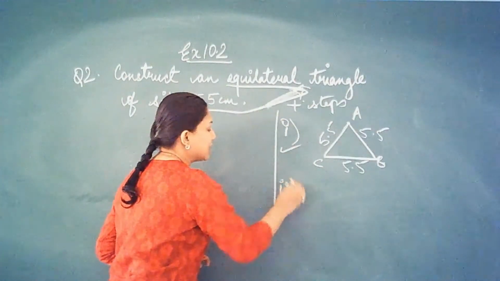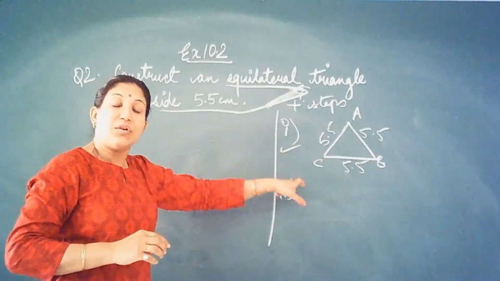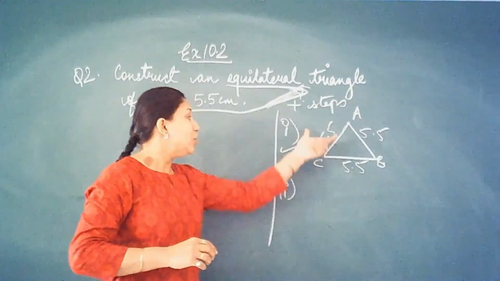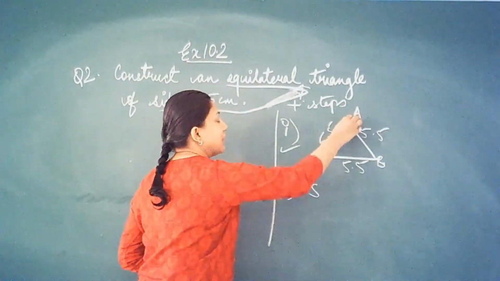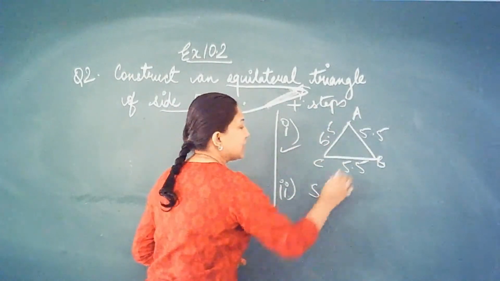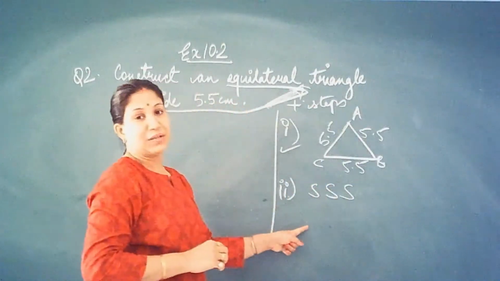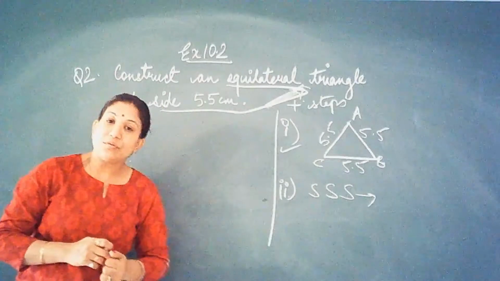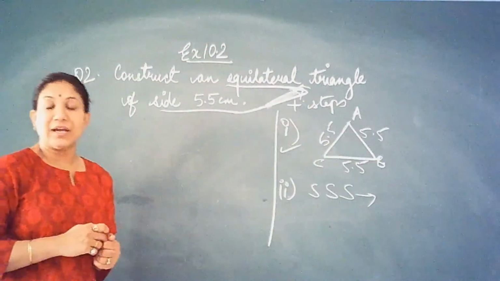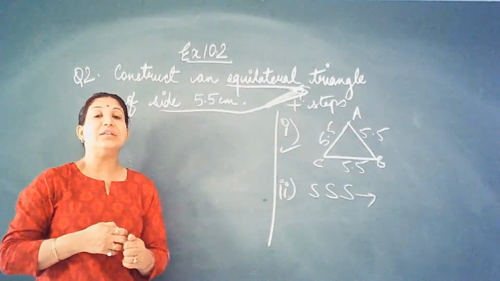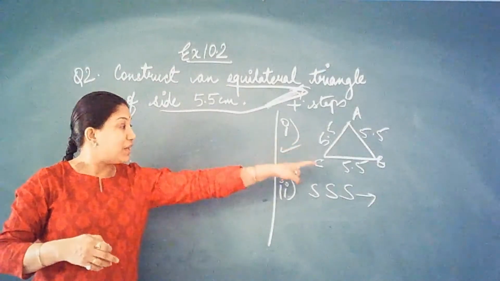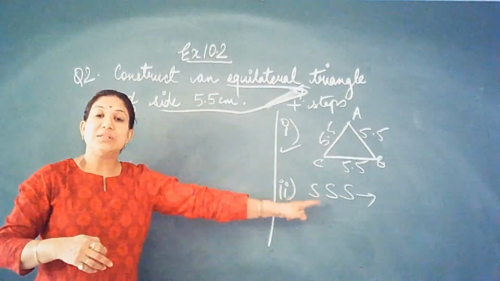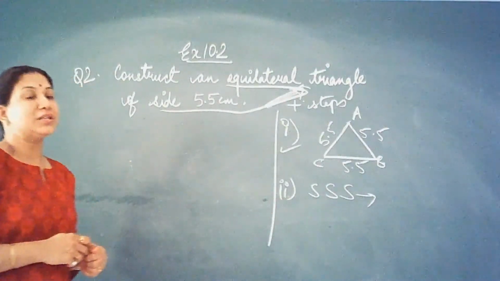The second thing is the congruence criteria. Which congruence criteria will we follow here? One side of the triangle is given, second side and third side also given. So this time also the side congruence criteria is followed. The construction of this triangle is based on the side congruence criteria.